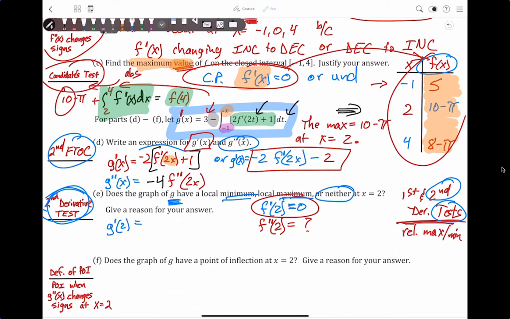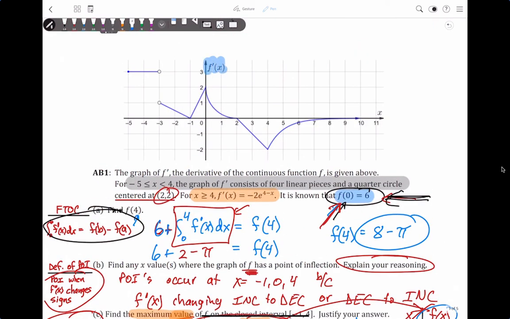Okay, so G prime of 2 is taking this equation here, plugging a 2 in, so that I'm really looking at -2 times f prime at 4 plus 1. Okay, so what's f prime at 4? Well, f prime at 4 is -2. Because remember, this is an f prime graph, not an f of x graph.